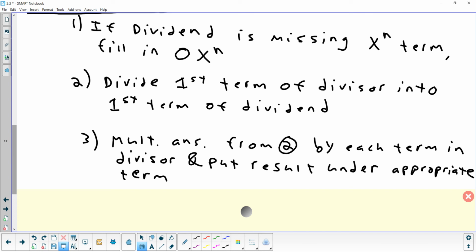And here's where it's very important where you write your answer. We want to make sure that we line up like terms. So if we have a result that's x squared, we're going to put it under the other x squareds. If we have an x, put it under the x's.